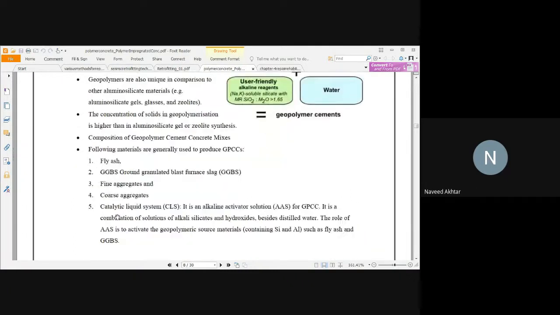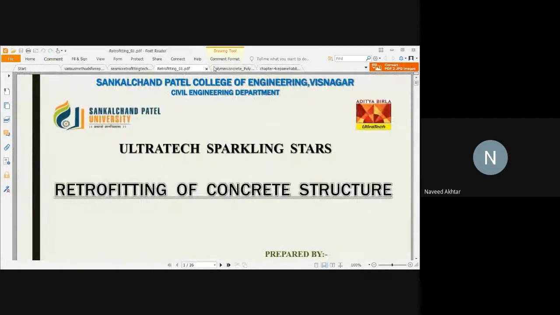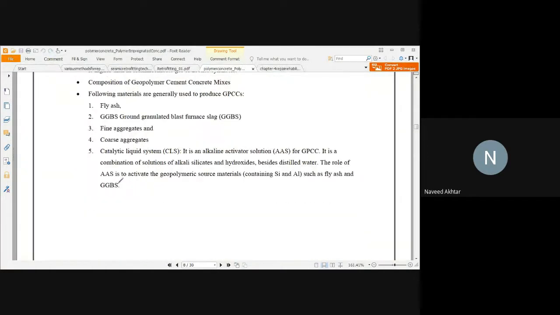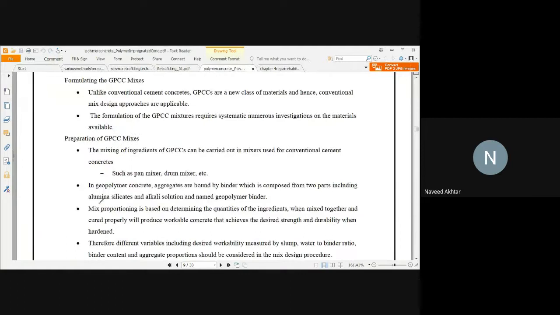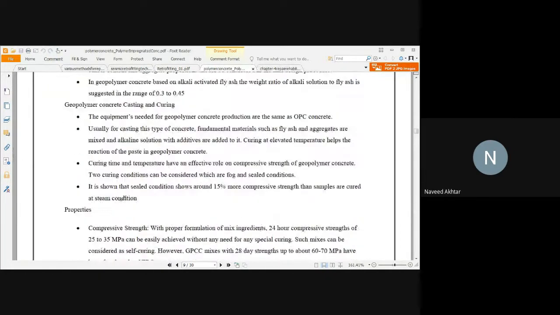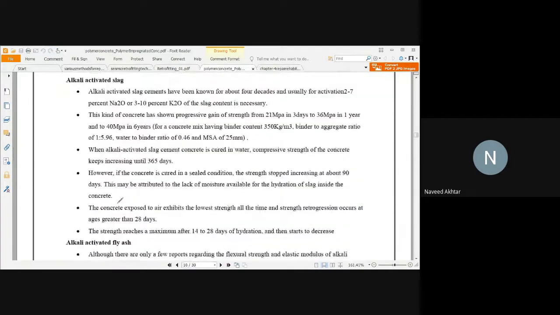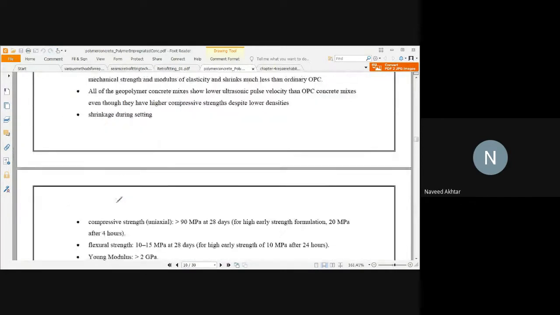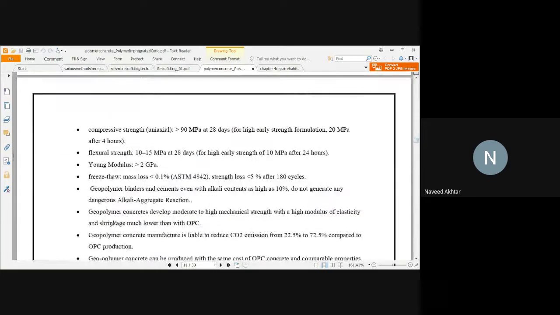So we already discussed this in the previous class. That's why I'm going fast, and I will share all this material with you, and you can benefit from that.